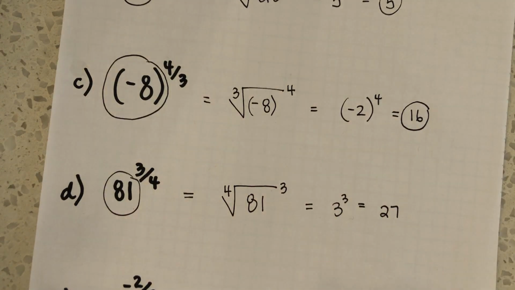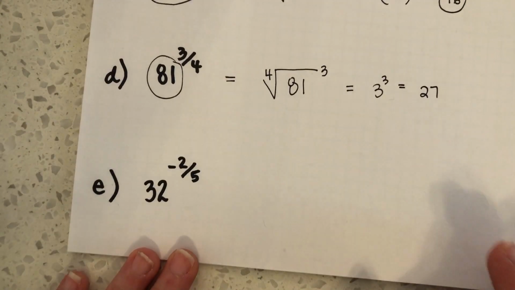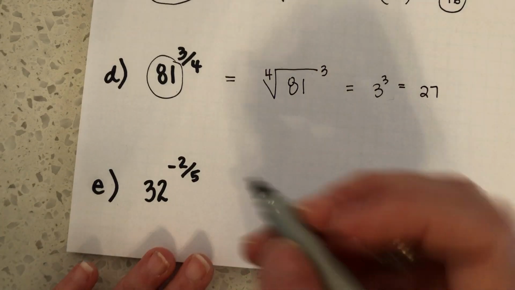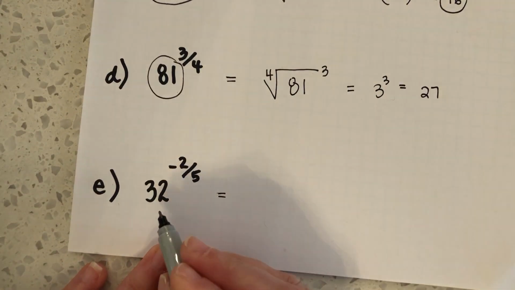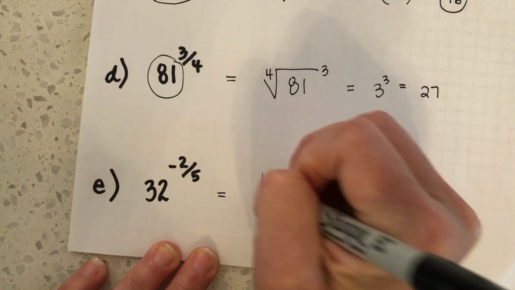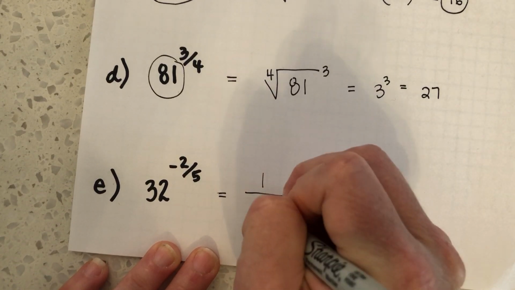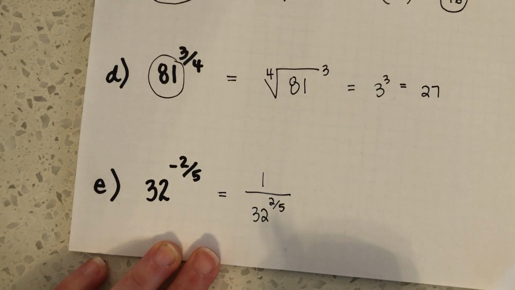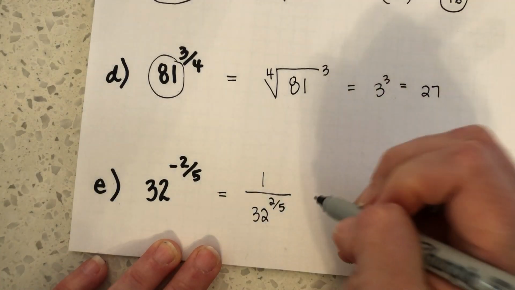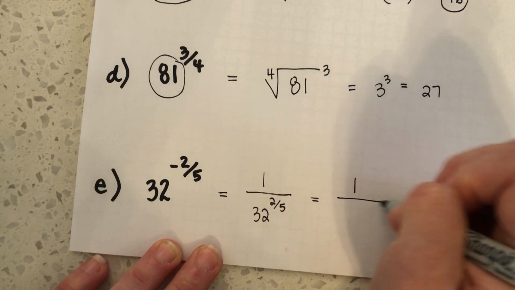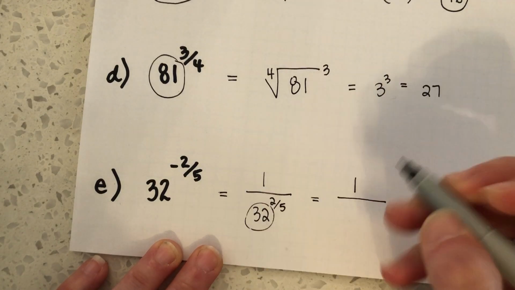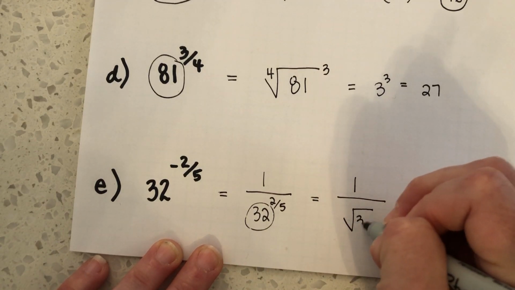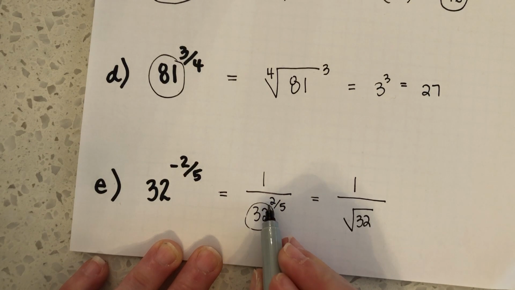Okay? All right. Look at this one. 32 to the negative 2/5. First things first, let's fix the negative exponent. Let's rewrite this as 1 over 32 to the positive 2/5 power. Let's make the exponent not negative. Now let's rewrite this in radical form. So it'll be 1 over, take 32, who the exponent is on, throw it under a radical, and we're going to split this as a power over root.